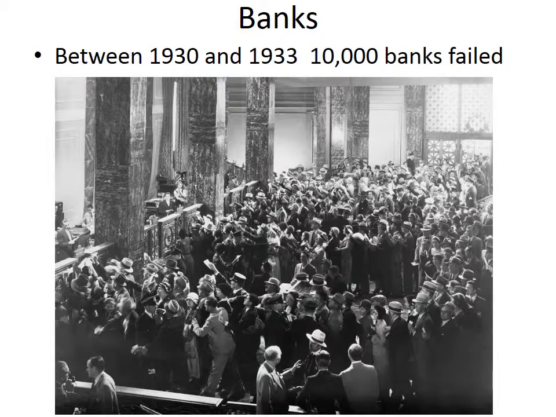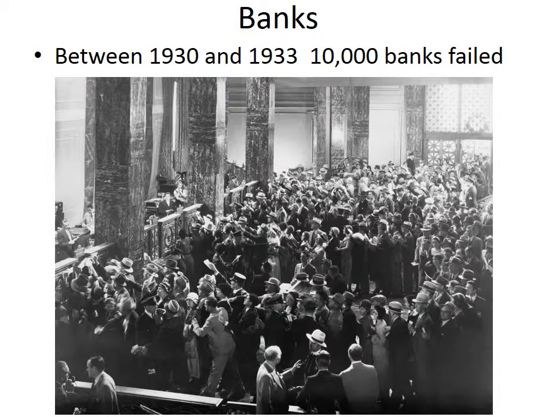Between 1930 and 1933, 10,000 banks are going to fail. People are going to go into the bank, try to withdraw their money, and then at the end of the day, some people are going to be told there's no more money. So people saw their savings just go up in smoke. So there's going to be a mass withdrawing of money, which obviously means that people are not putting money into banks, right?